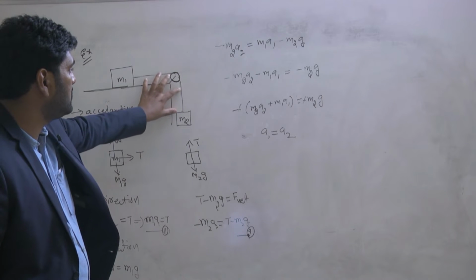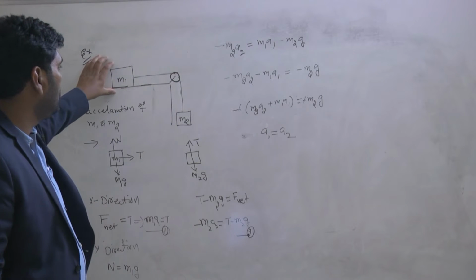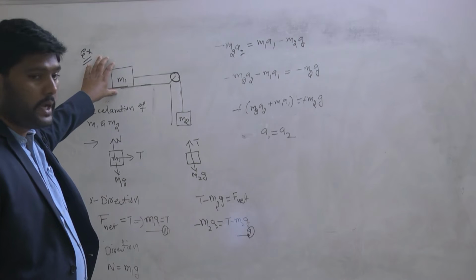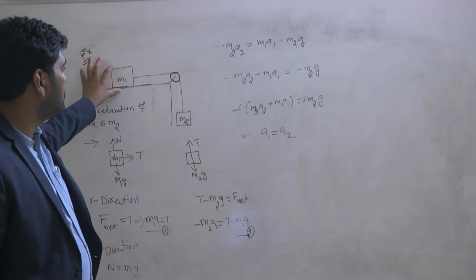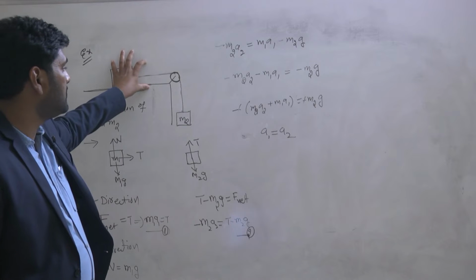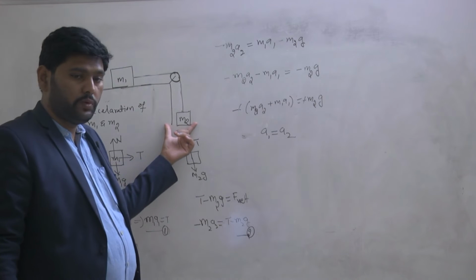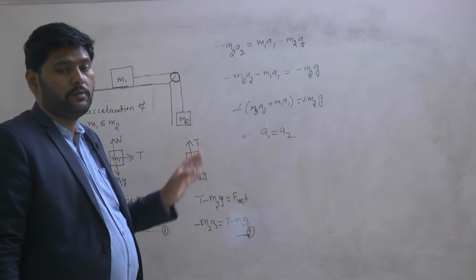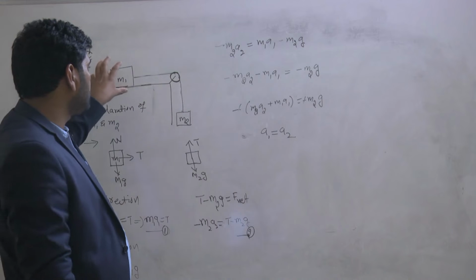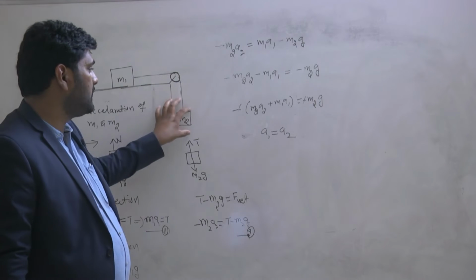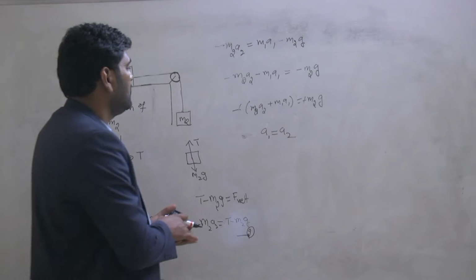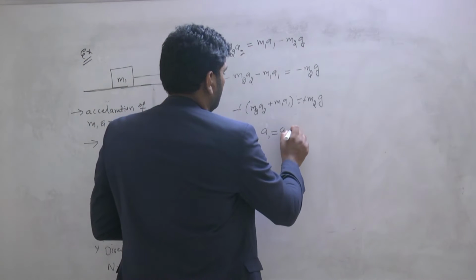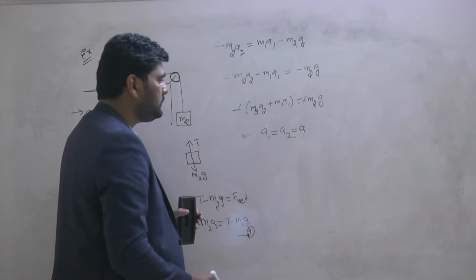As the first mass is moving x distance, the second mass will move x distance downward, which indicates that the acceleration of both blocks is the same. So I can write A1 is equal to A2 is equal to A.